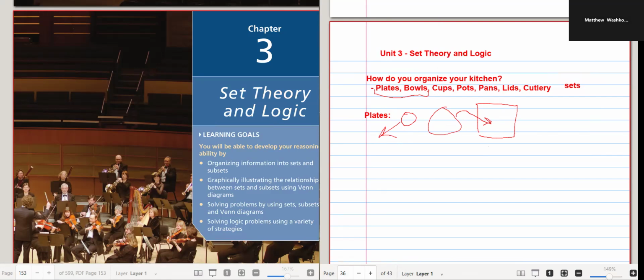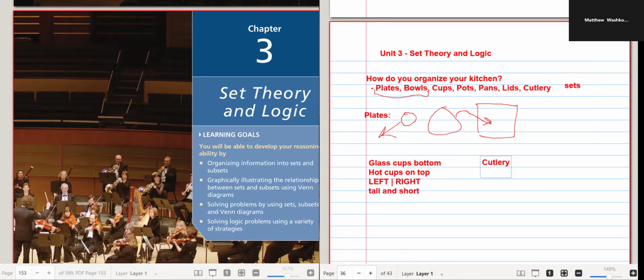For example, with my cups, maybe I put the glass cups on the bottom, but the hot cups on the top, or maybe one's left, one's right. So you might have certain ways to do that. Maybe I do tall and short cups a certain way.